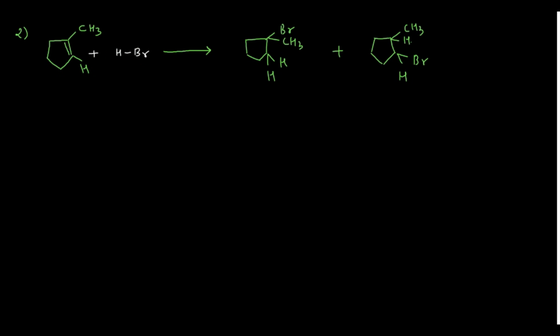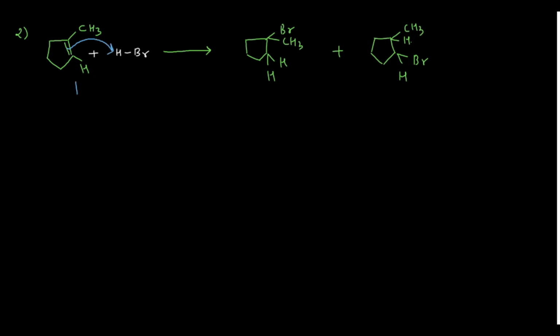And now the thing is which one would be the major product and which one would be the minor product. So let us decide which one would be the major and which one would be the minor based on the reaction mechanism. So how can I write the reaction mechanism? Please see here. This Br is attacking this particular hydrogen.